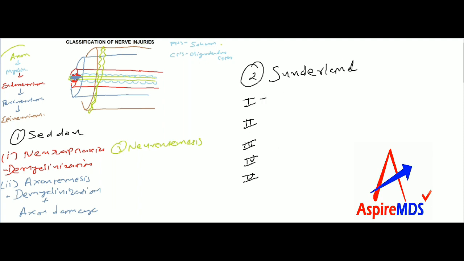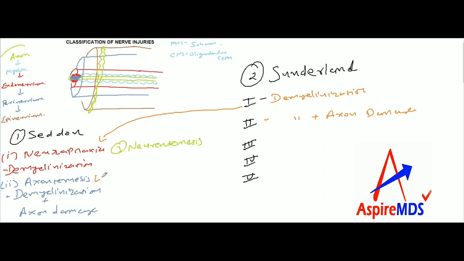The first type is the same as neuropraxia, where you see demyelination. In the second type, you see demyelination plus axon damage, where all the other layers are intact. As we have discussed, the second type is the same as axonotmesis.